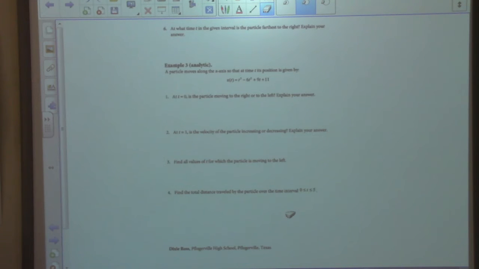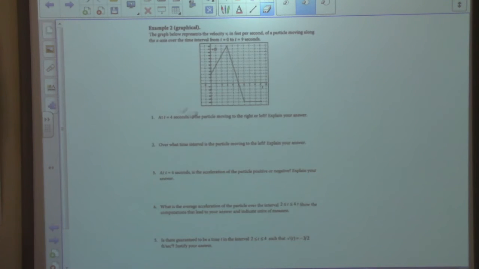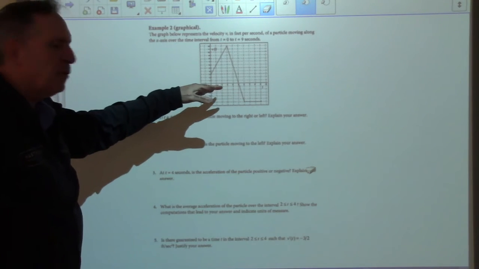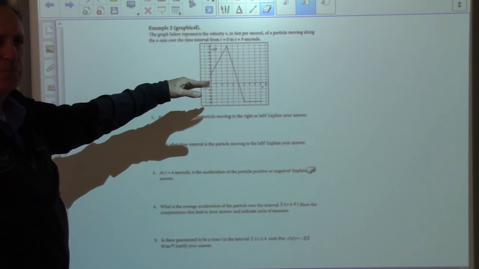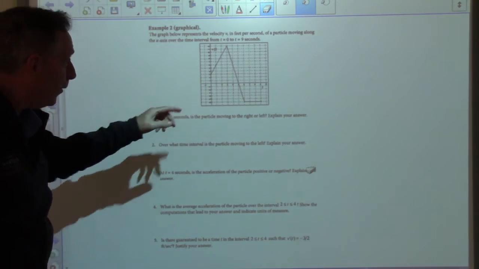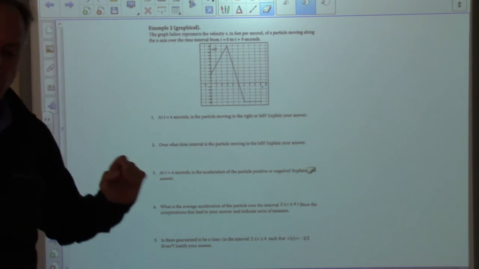Okay, and then we're asked the question related to that graph also, this 6. At what time in the given interval is the particle farthest to the right? Wouldn't it be at 5? Aaron asked the question, wouldn't it be at 5? Is he right about that? I think so. Okay, now, let's consider, I'm the particle, right?